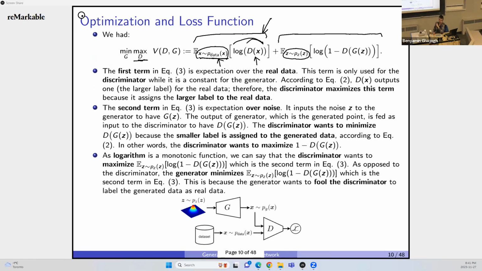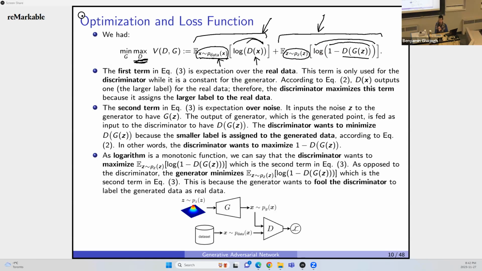Now term 2. The discriminator wants to maximize this term 2. Maximize expectation roughly means maximize inside the expectation. Logarithm is a monotonic function, so maximize inside the logarithm. Maximize 1 minus D(G(z)). What is G(z)? z is the noise.